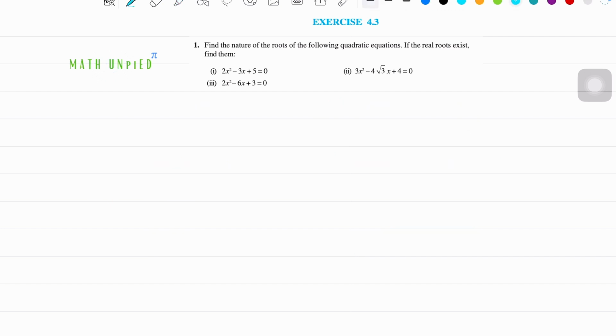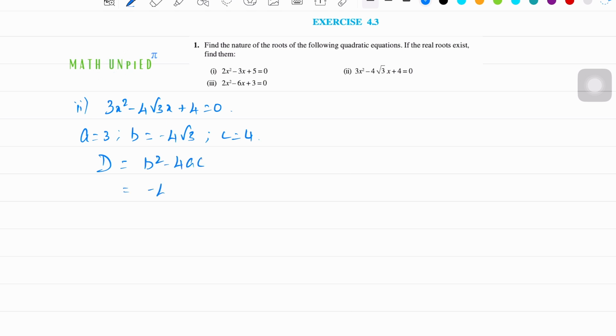Now let's move on to the second one. 3x squared minus 4 root 3 x plus 4 equals 0. A equals 3, b equals -4 root 3 and c equals 4. And we know the formula for D. D equals b squared minus 4ac, and we'll substitute the values.